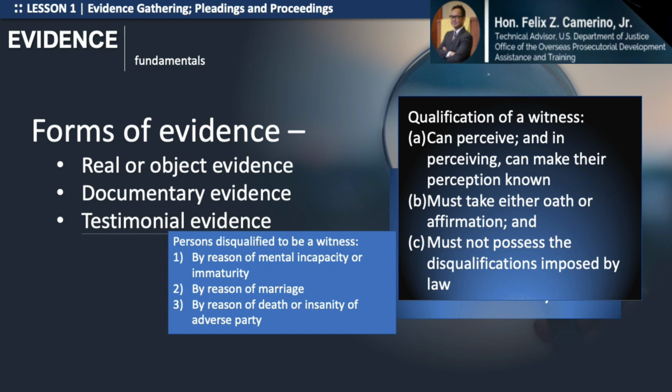All right. So an important point of mention here is differentiating between qualified witnesses and credible witnesses. Qualification is an essential requirement. A person must be a qualified witness before he could be a witness to a case, right?